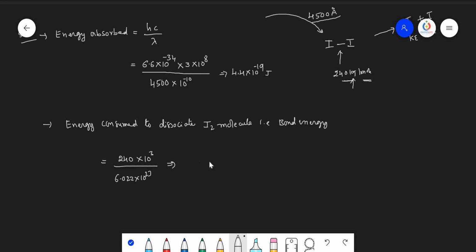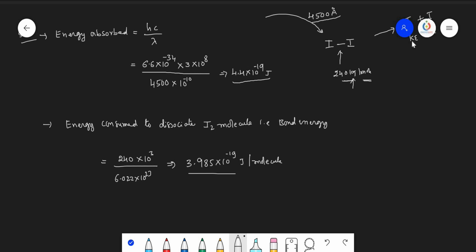Then we get the answer per molecule, that is 3.985 into 10 power minus 19 joules per molecule. So a single molecule is using this much energy to break one bond. Energy absorbed by the iodine molecule is this much, and used by the iodine molecule is this much.